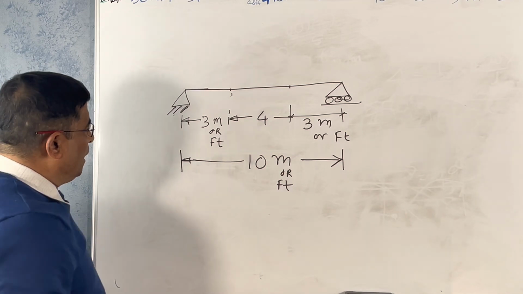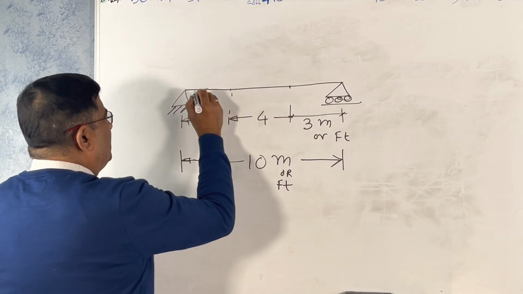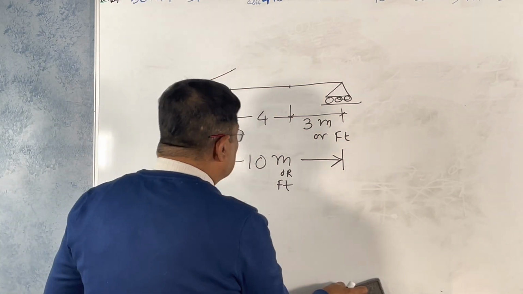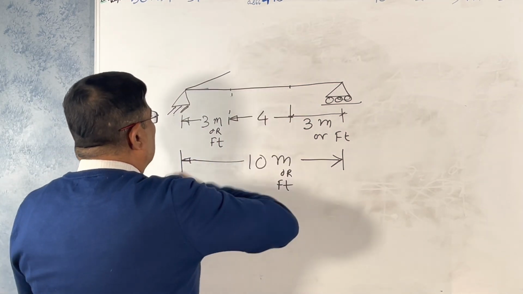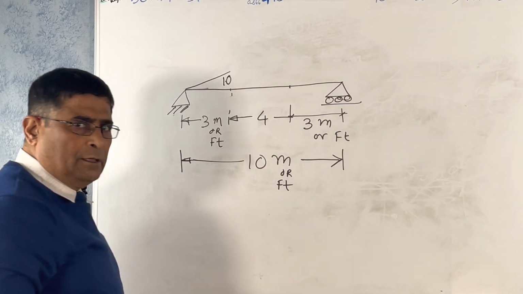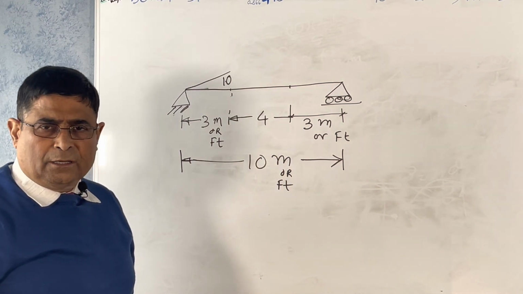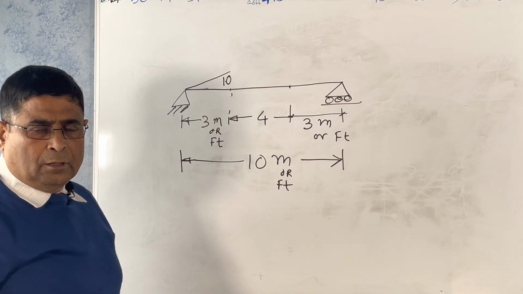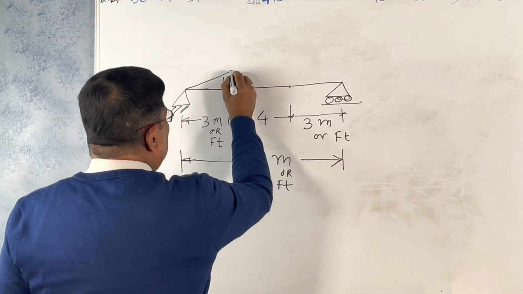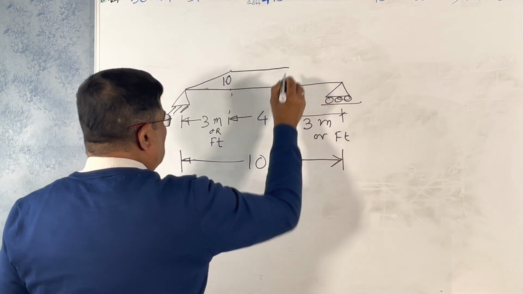Now you have a triangular intensity, so this is 10 kilonewton per meter, or 10 kip per foot. From here to here it is trapezoidal, so it is constant.